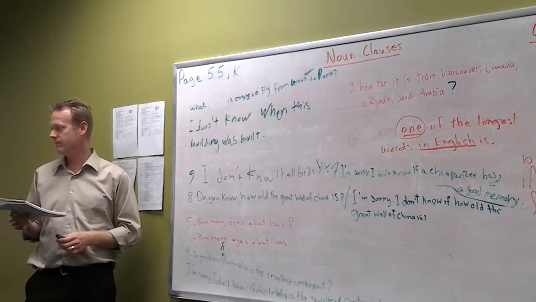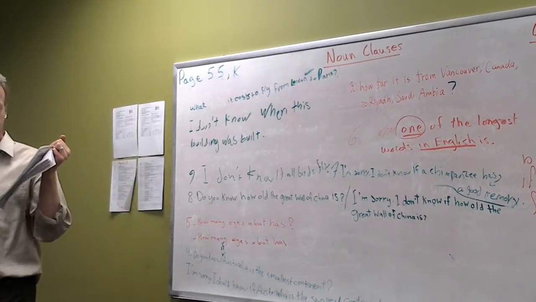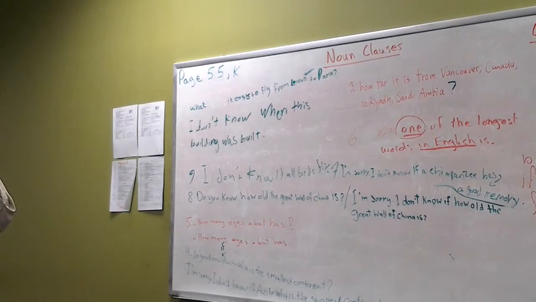Everybody okay? All right. So now, let's jump to another idea here. Take a look at this section right here, and we talked about this already, so this is not something new to your mind. Noun clauses that begin with that. Usually when there is a verb in the main clause, right before the noun clause, some sort of a mental activity, then the noun clause starts with a that.